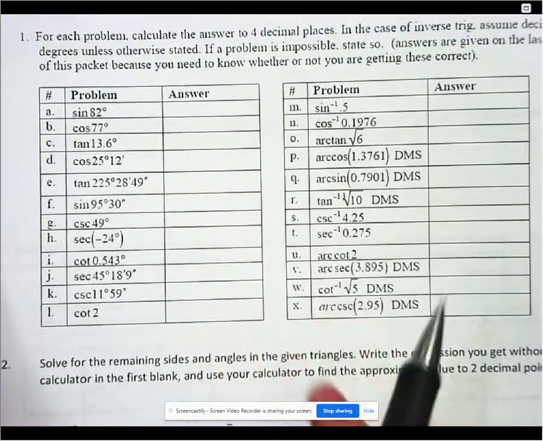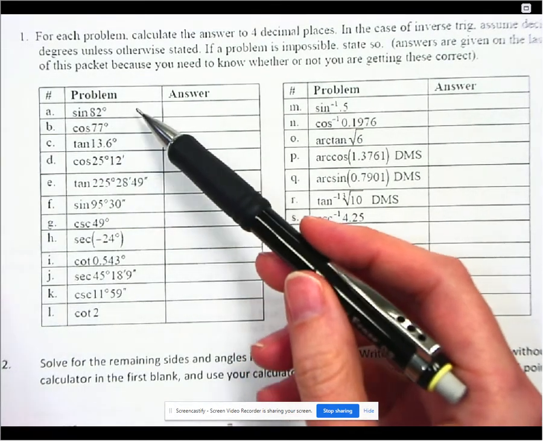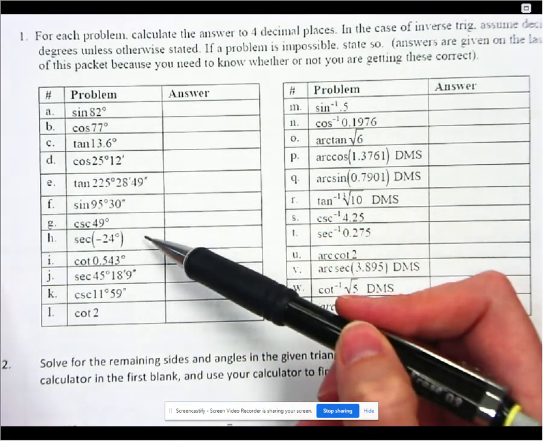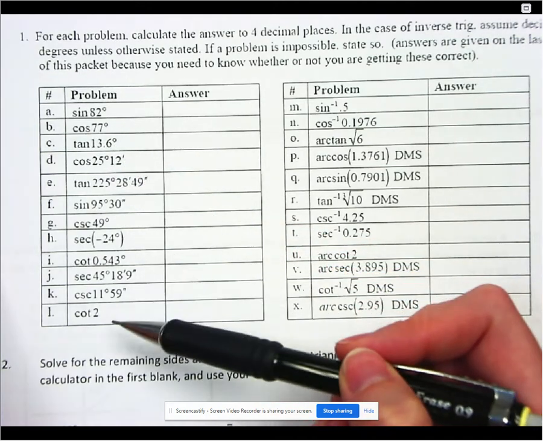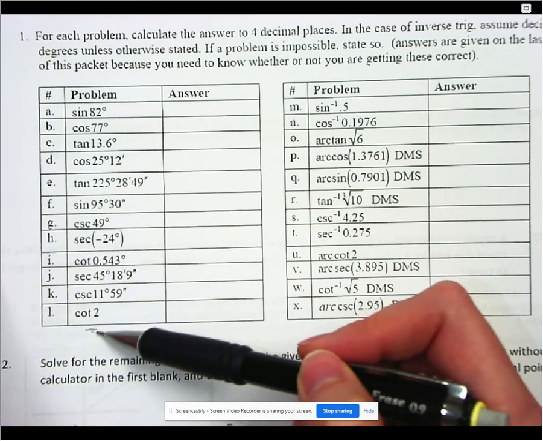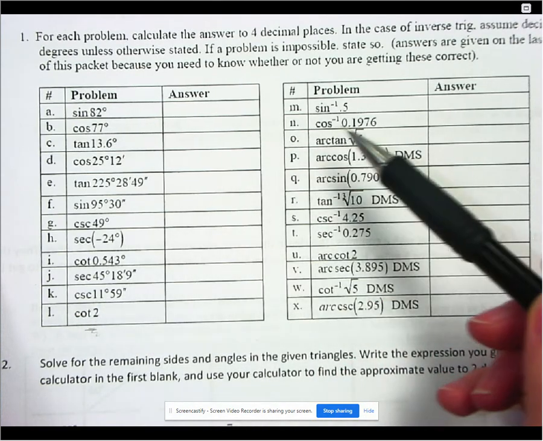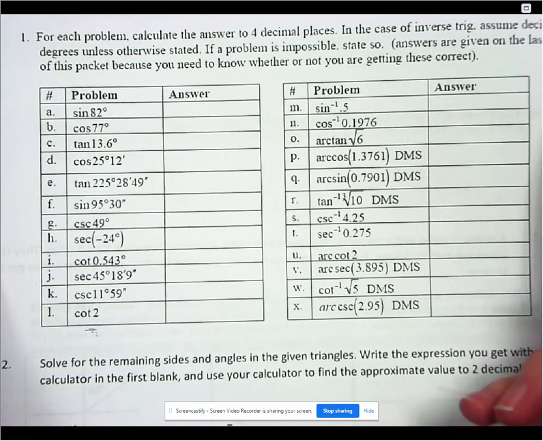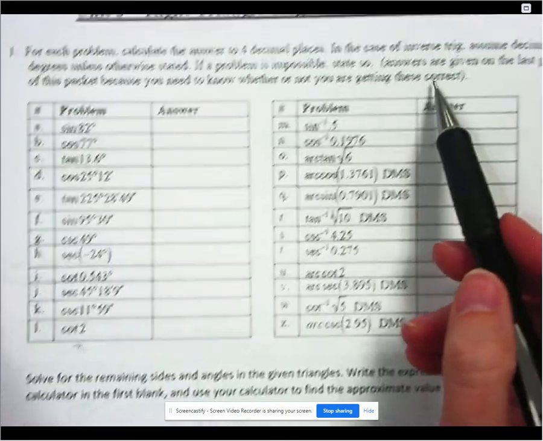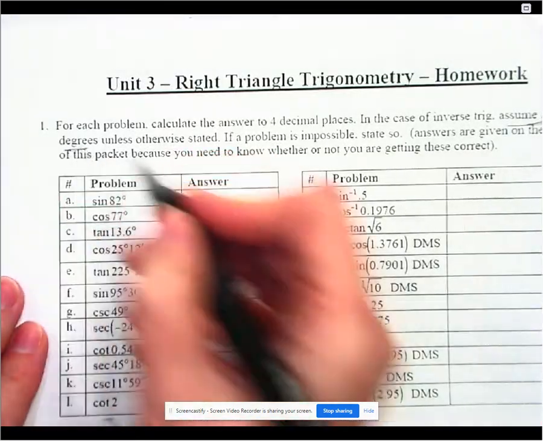Okay, so your assignment is this number 1 right here. Be really careful. On here, our angles are in degrees, degrees, degrees, degrees, and then all of a sudden, you notice there's not a degree symbol. So this one's in radians. But then when you get back up here, we are looking for angles, and it tells you to assume that we want decimal degrees.